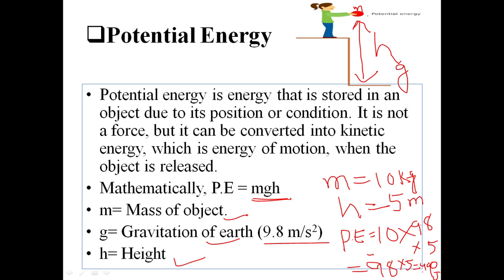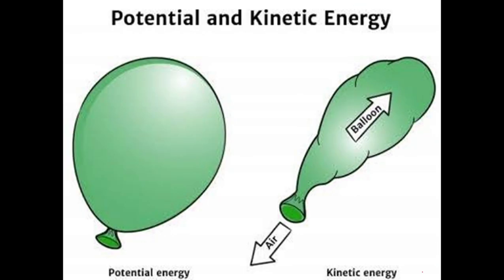So we got to know what potential energy is and how it is calculated. Now we have known what potential energy and kinetic energy are, and in this picture we will see how it is converted. Let us say this balloon is filled with air.